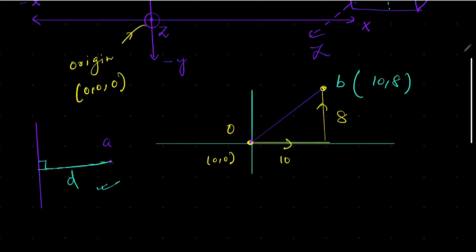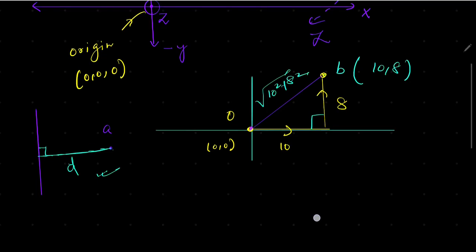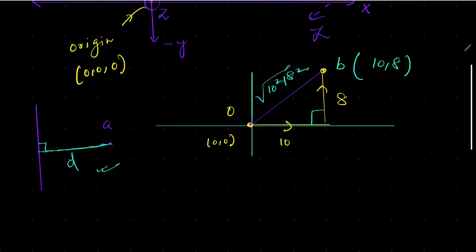Now let's talk about how to calculate OB. We can use the Pythagoras theorem, and this is perpendicular, you can see, right? So it will be simply the root of 10 squared plus 8 squared, since this is 10 and this is 8. So this root of 10 squared plus 8 squared is calculated with the help of the Pythagoras theorem. To get a general formula to calculate the shortest distance between 2 points, you must understand this.